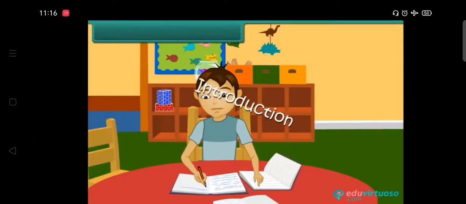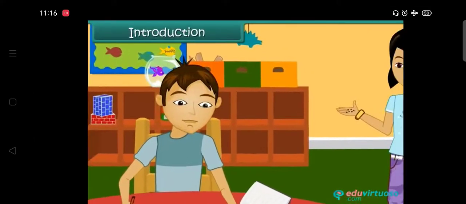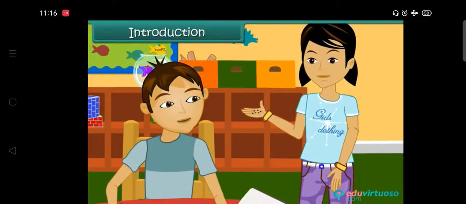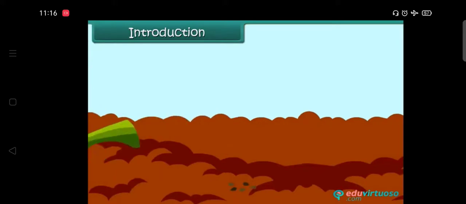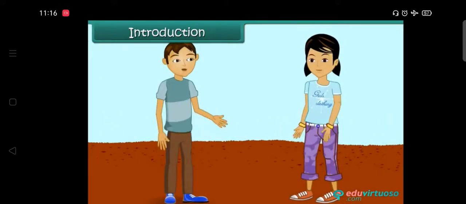Introduction. Hey Pooja Didi, you are here. I want your little help in my biology project. Can you help me please? Yeah, sure, Raman. But before that, let me sow these seeds in the soil. But why are you sowing these seeds? It's simple, Aman.